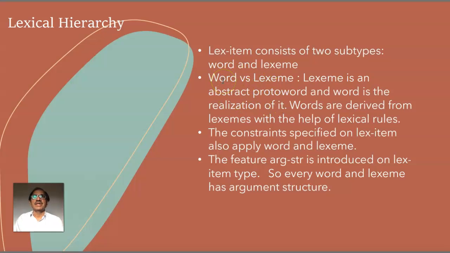When I say word, we commonly understand anything which is pronounced, which is together, which has a meaning. So if you take words like kill, kills, killing, killed, right? There are 4 forms. They're all words.